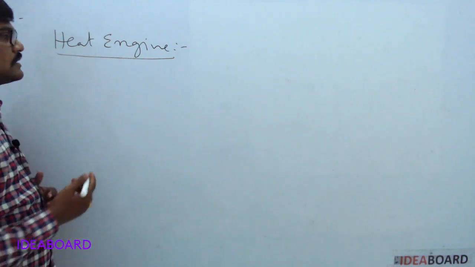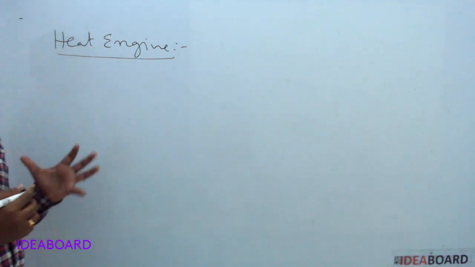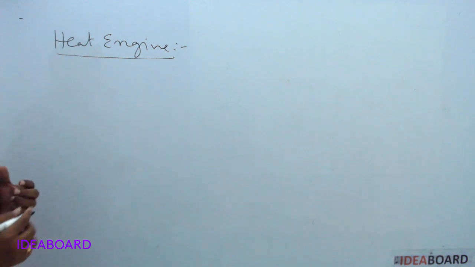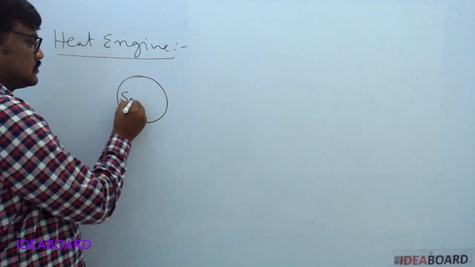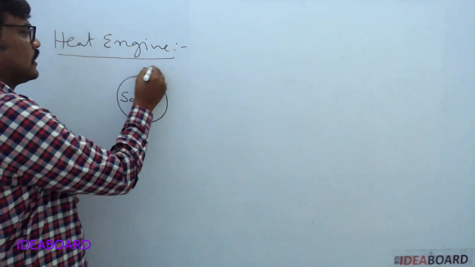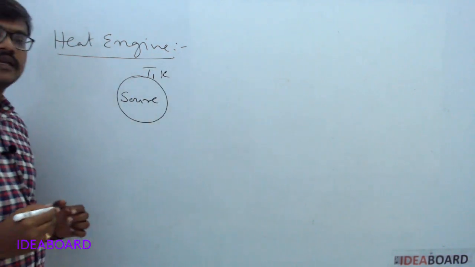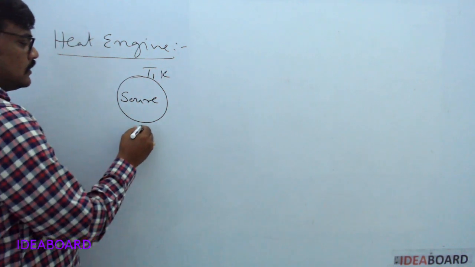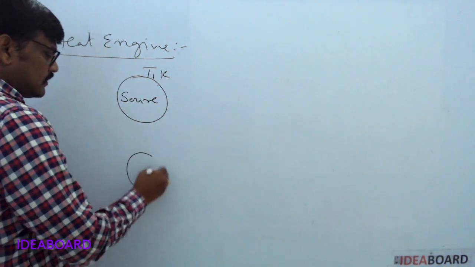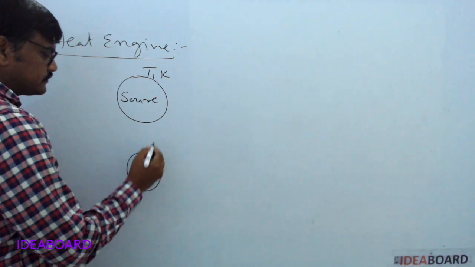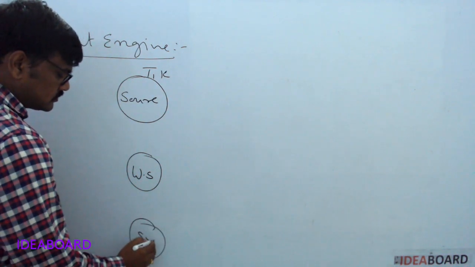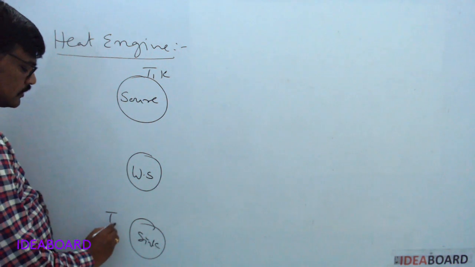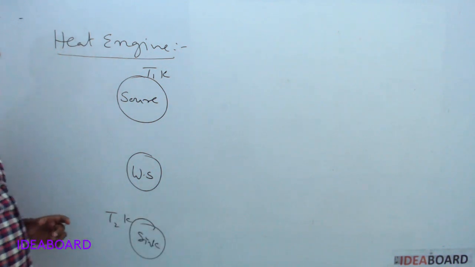Now, in this heat engine, basically three main parts are there. One is called source. The source is at high temperature T1 Kelvin, the second part is the working substance, and the third one is the sink. The sink is at low temperature, T2 Kelvin.